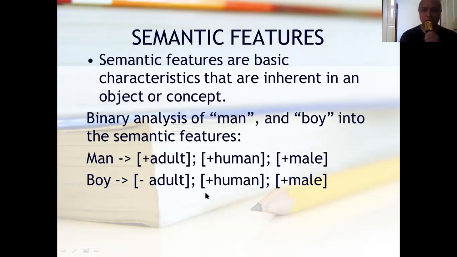So analyzed in binary analysis, these are the semantic features of man and boy. I think you can apply this. You can do the binary analysis yourself with woman and girl. You can try later.